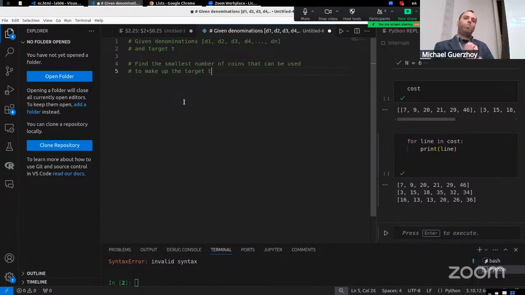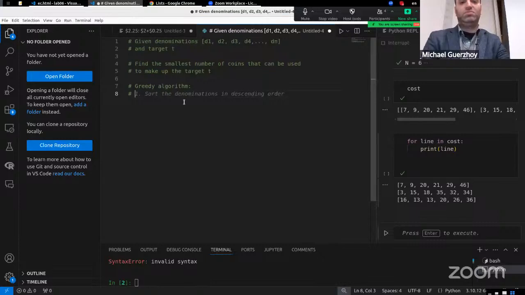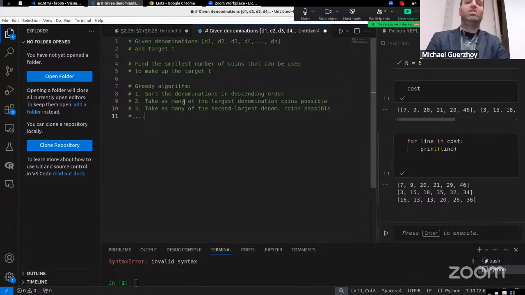Make sense? So okay. Again, like the slide says, the greedy algorithm is something like this: take as many of the largest denomination coins, and so on.